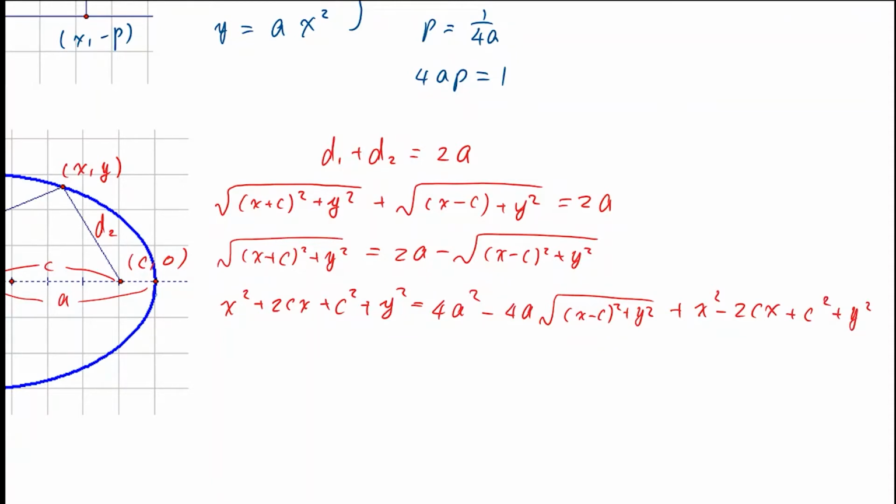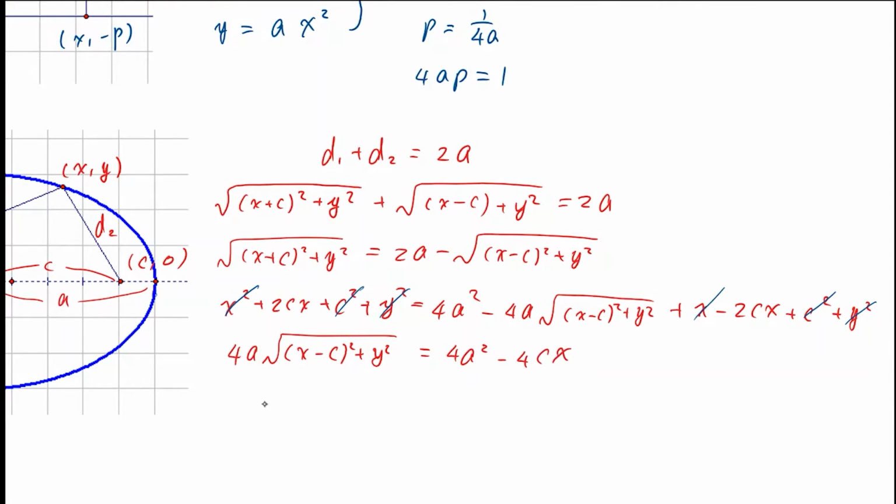With me? Let's cancel. This thing cancels that thingy, this thing cancels this thingy, this thing cancels this thingy, right? Okay, I'm going to move the square root to the left, and then everything else I'm going to leave. So 4a square root of (x minus c) squared plus y squared is equal to 4a squared here, and then minus 4cx. Too much algebra? You follow?